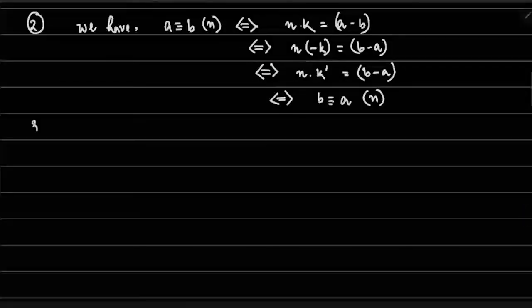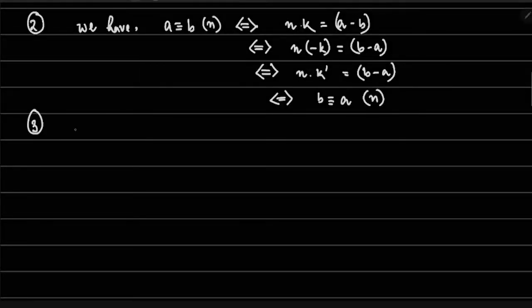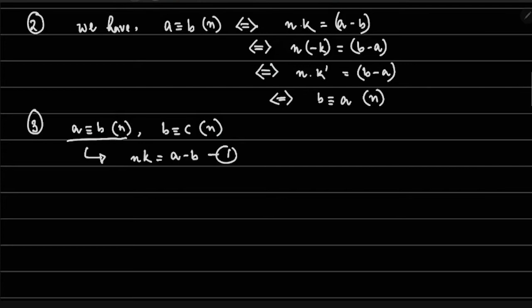Now 3, the transitive property. That means we have a congruent to b mod n and b congruent to c mod n. Then we have to prove that a is congruent to c mod n. How to prove that? Simple. We have this statement, so we can write from here that n times k is equal to a minus b. This is my equation 1.